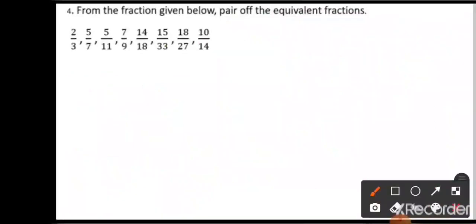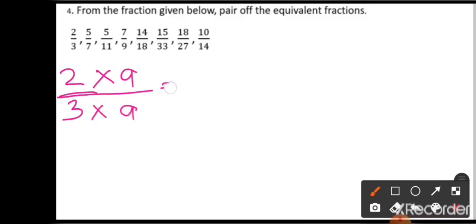Fractions. Here we need to pair the equivalent fractions. First is question number 1, 2 upon 3. If we multiply 2 upon 3 by 9, then we get 9 twos are 18 and 9 threes are 27, which is given here.